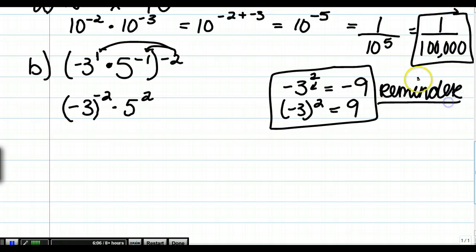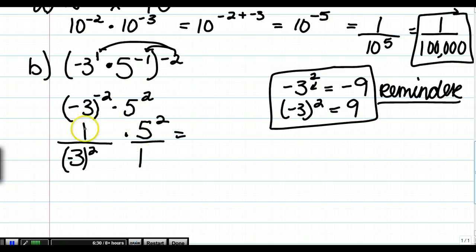Okay, so when we look here, it was in parentheses to begin with, so it's the whole thing squared. So we can flip this and make it 3 squared, and remember, it's negative in parentheses, right? And then we have times 5, and that'll just stay on top. So you can have times 5 squared over 1 if you want.